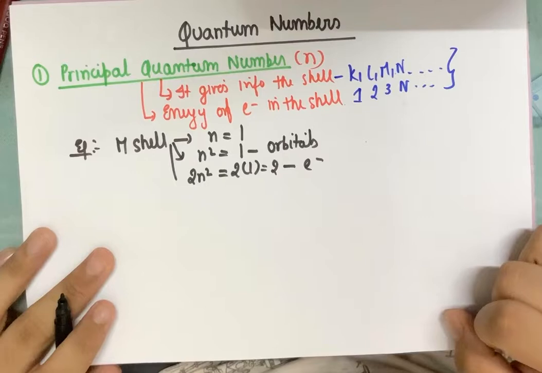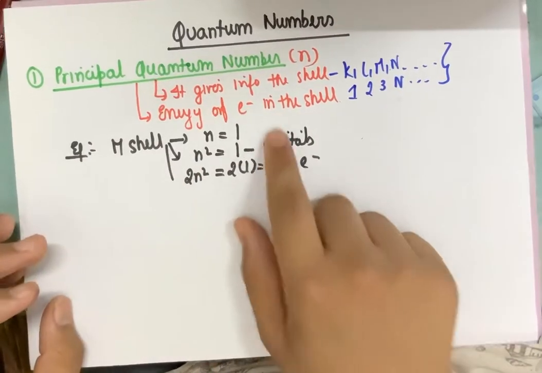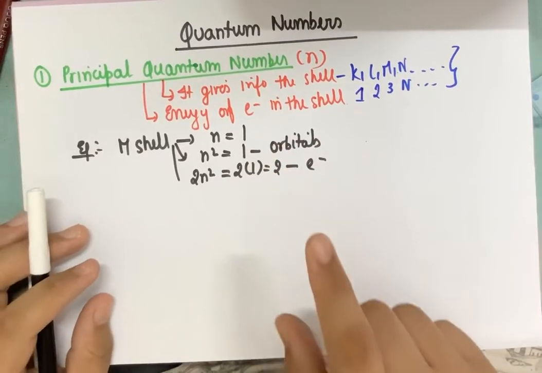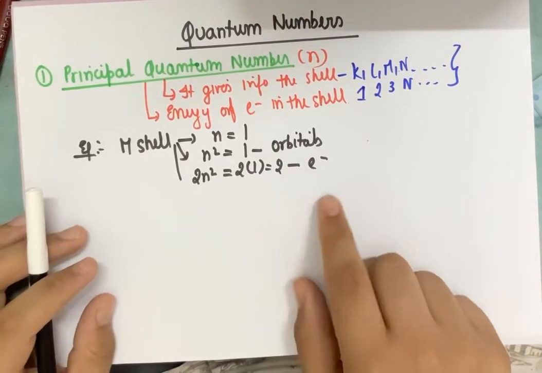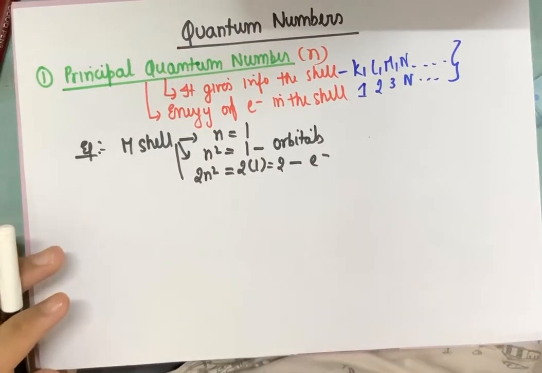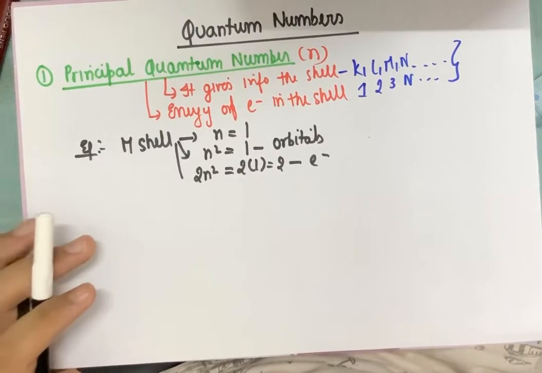Hence we can derive a lot of information about the electron in an atom or in an orbit by the principal quantum number alone. The principal quantum number will give you the value of the shell and the energy. This shell can be used to derive the number of orbitals, which is equal to shell square, or n square, the principal quantum number square. One orbital can only accommodate 2 electrons.